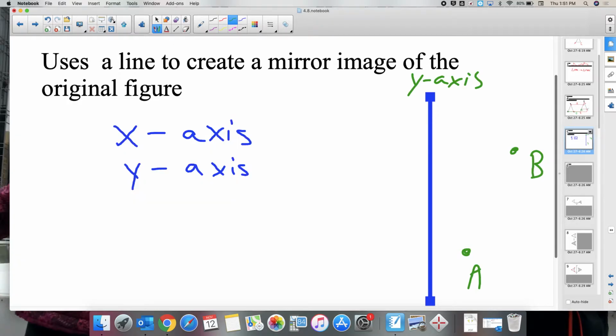Down the road, we'll venture into this a little bit more. But if I wanted to reflect over the y-axis, maybe point B was 4 units to the right, then it needs to end up 4 units to the left. If A is 1 unit to the right, A prime ends up 1 unit to the left.